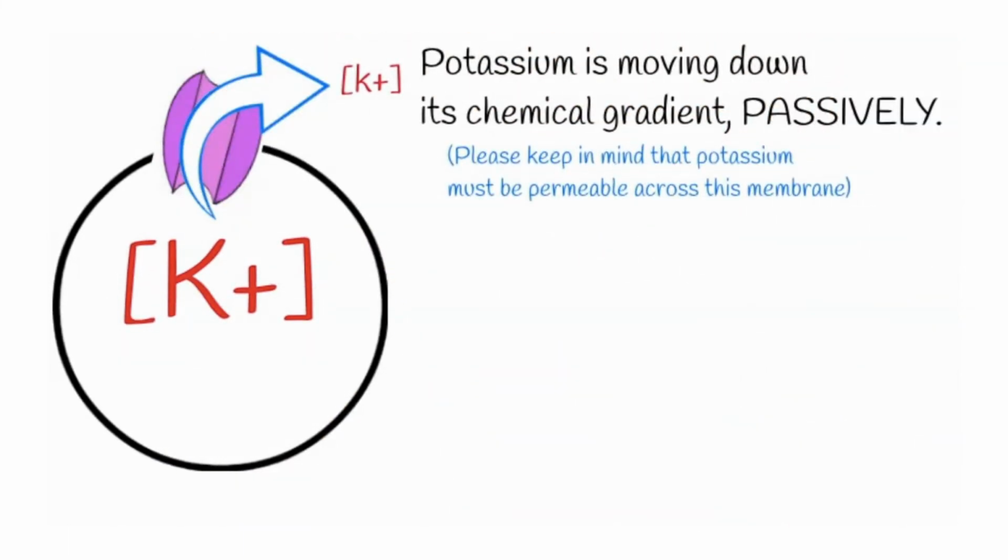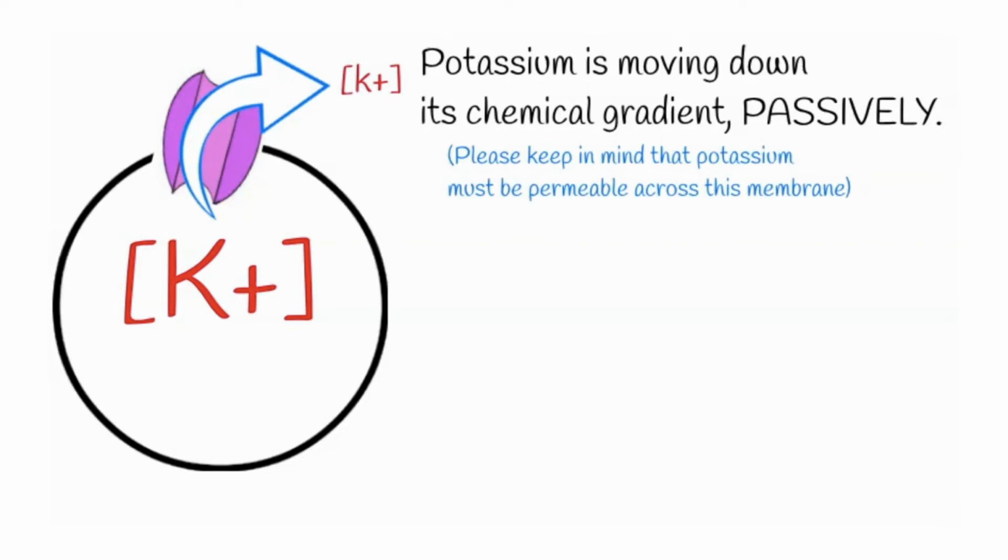Potassium always maintains a much higher concentration within cells than outside of cells. The intracellular fluid of cells, the cytosol, has a much higher concentration of potassium than the interstitial fluid and extracellular fluid. Potassium always has a gradient, a chemical gradient, favoring it to leave cells.